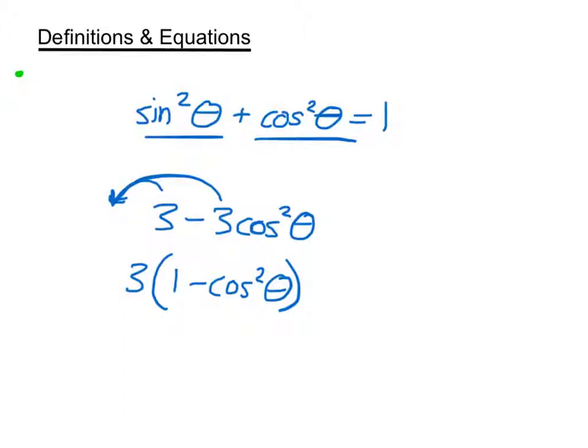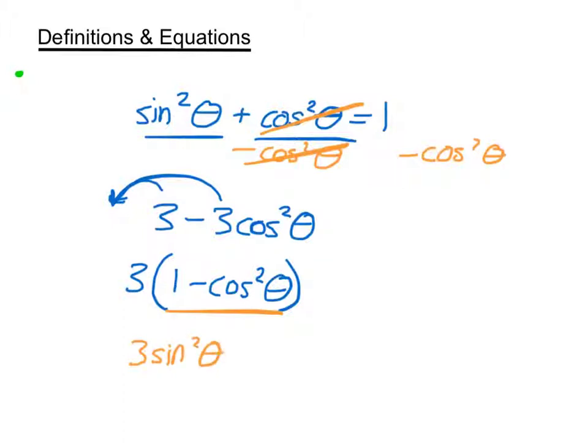If I do a little bit of algebraic manipulation, simply subtracting cosine squared from both sides, I get sine squared theta equals 1 minus cosine squared theta. Well, 1 minus cosine squared theta can therefore be replaced, so I have 3 sine squared theta. So I have a nice simplified expression here, which is much less cumbersome than what we started with.